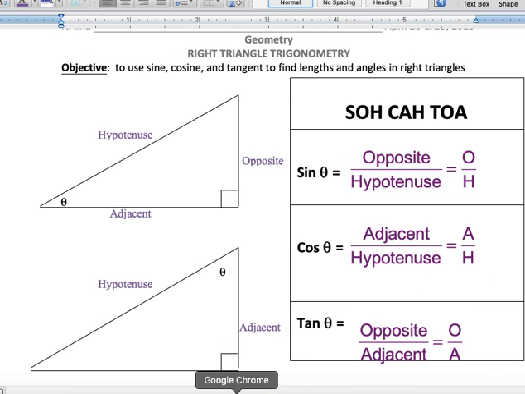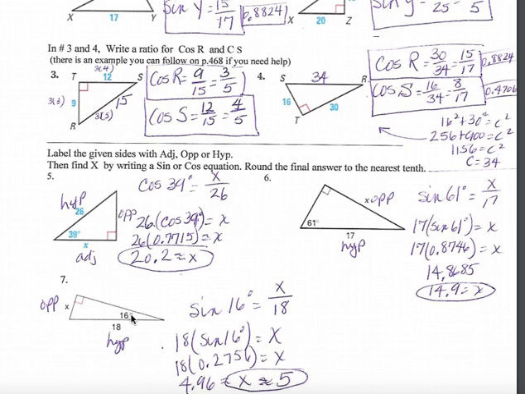So the sine of 16 degrees is opposite over hypotenuse, x over 18. Multiply each side by 18. So x will equal 18 times the sine of 16 degrees, which is about 0.2756. Multiply that by 18, and you get about 4.96. Hopefully that helped with the homework.